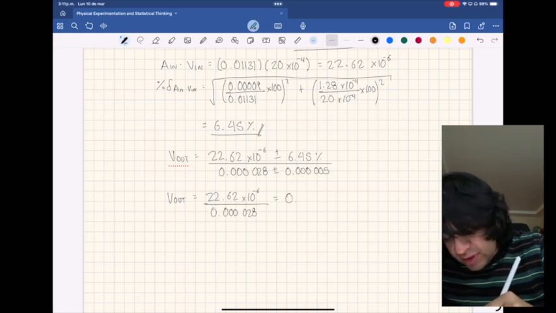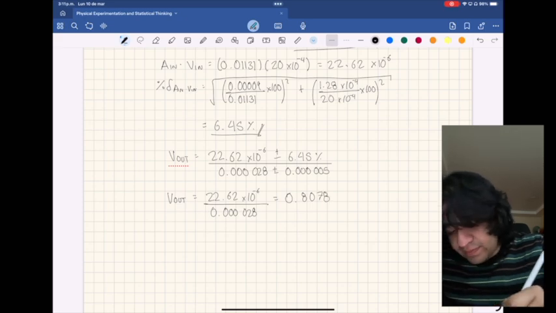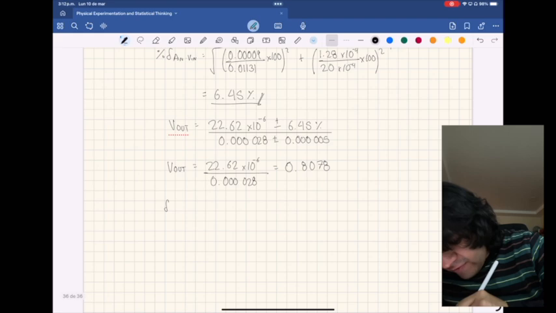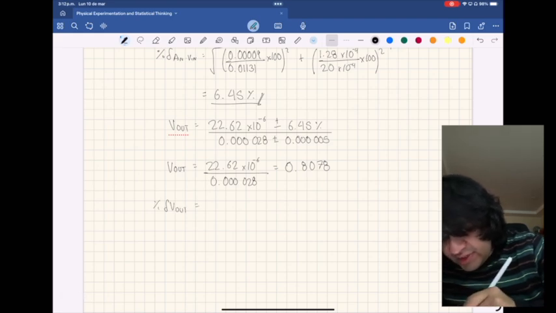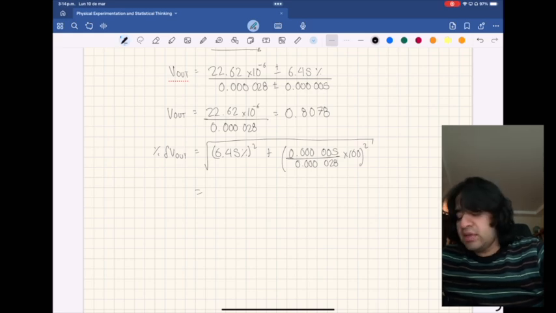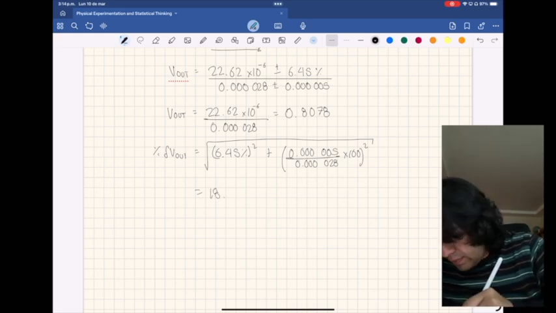This gives 0.8078, and the uncertainty for this quantity in percentage is now our new uncertainty, 18.98%.